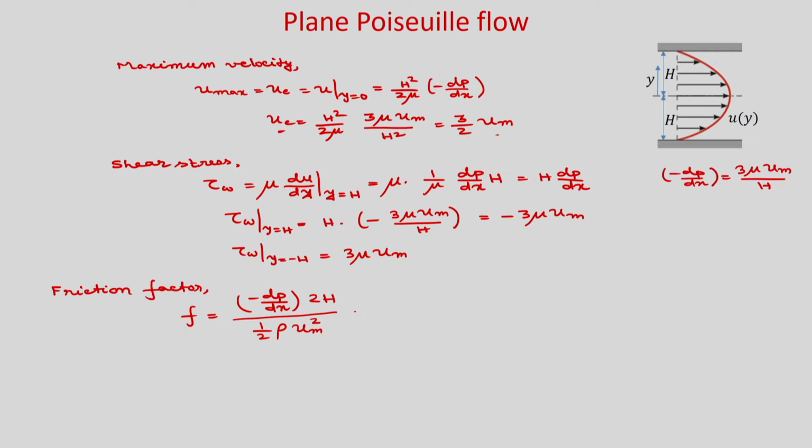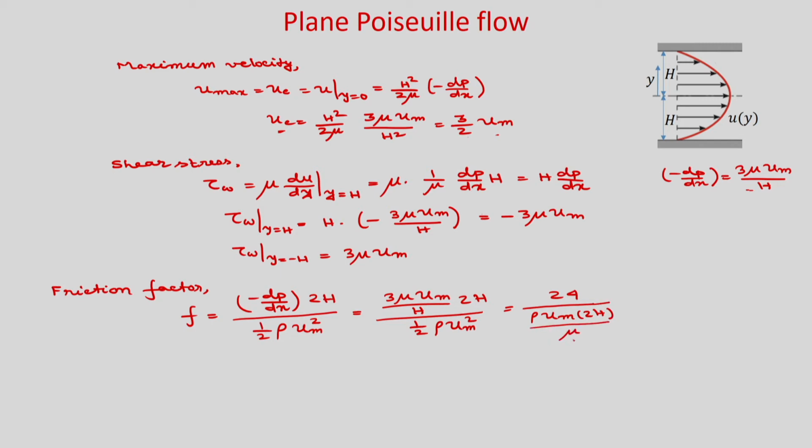So, if you find this, what are you going to get? Minus dP by dx is this one. So, you can write 3 mu um by h into 2h divided by half into rho um square. If you rearrange, you will get 24, 2 into 3 into 12, 12 into 2 we are writing, because we will write this as rho um into 2h divided by mu.